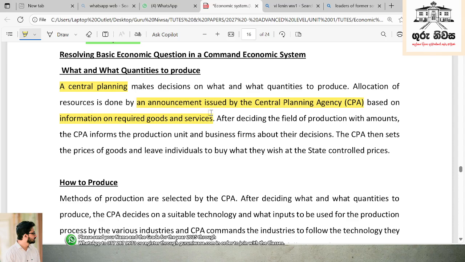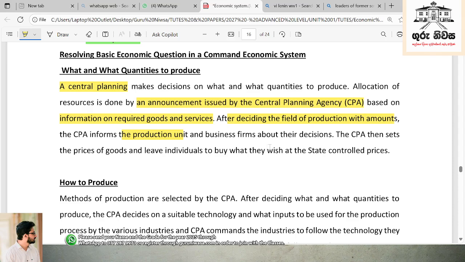The government, the central planning authority, makes the decision. After deciding the field of production with amounts, meaning industries, the CPA informs the production units, which are government, and business firms about their decisions.